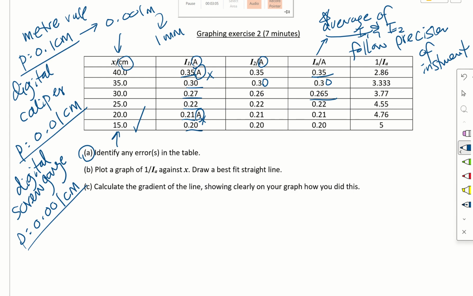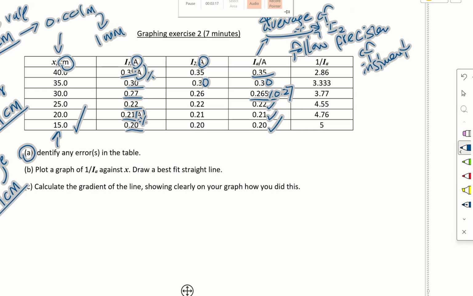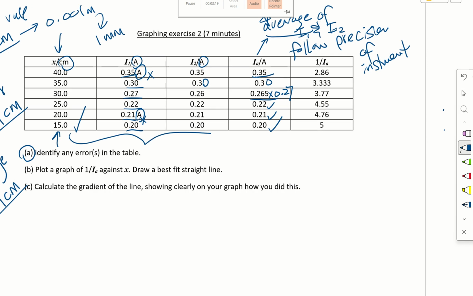Now this cannot be 0.265. It will need to follow the precision. That means it's 0.27. This is okay, this is okay, this is okay, right? Now all these are actually the raw data, right? Raw data meaning you actually measured, you got it from measurement.